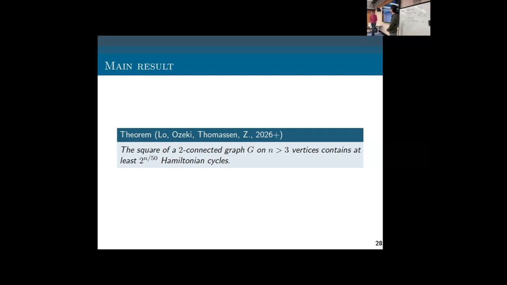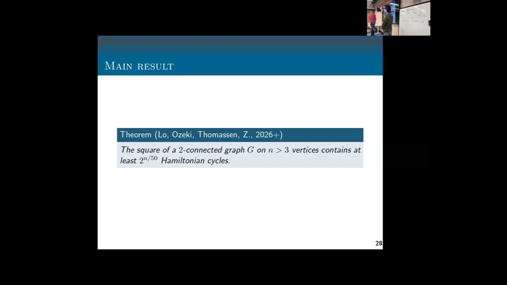There are some problems on 3-connected graphs, definitely, especially planar 3-connected graphs. Like the square graph, if you have 3-connected or even 4-connected, will the number of Hamiltonian cycles also be exponential?